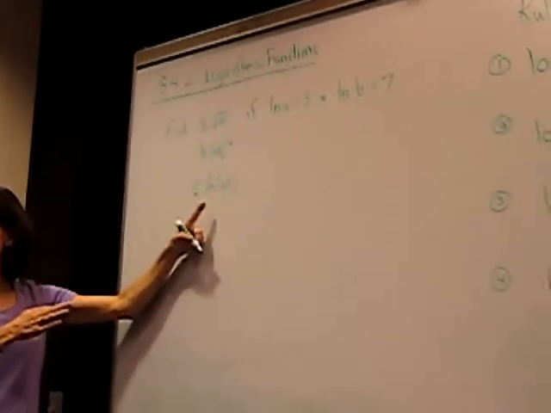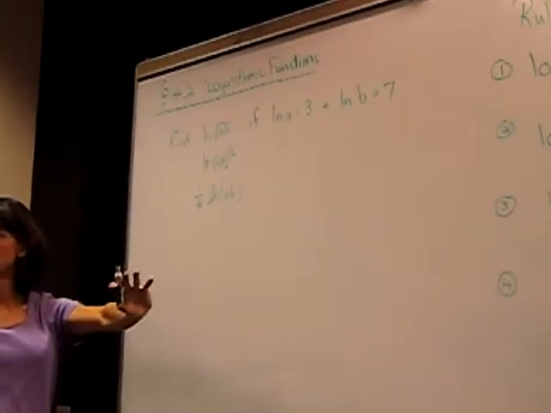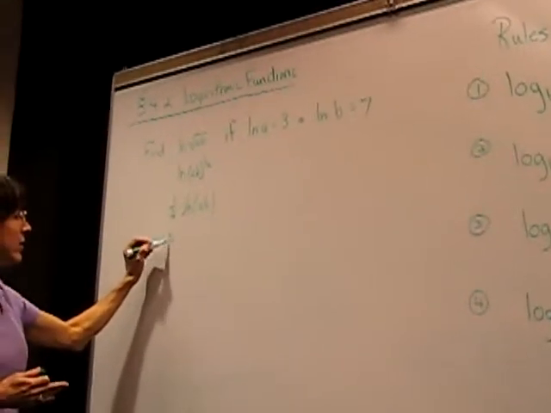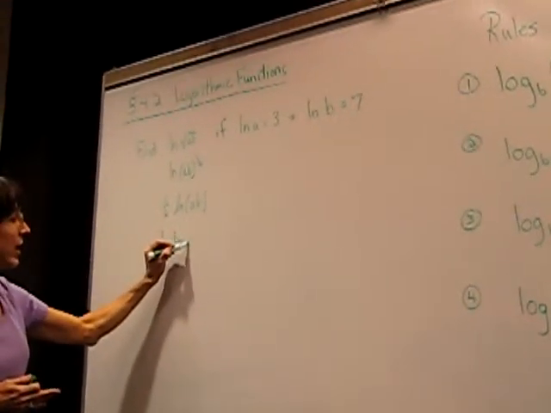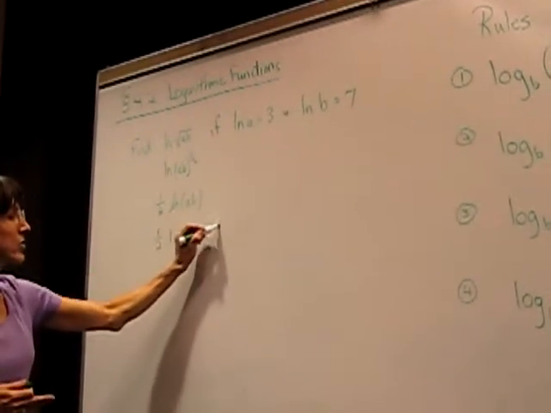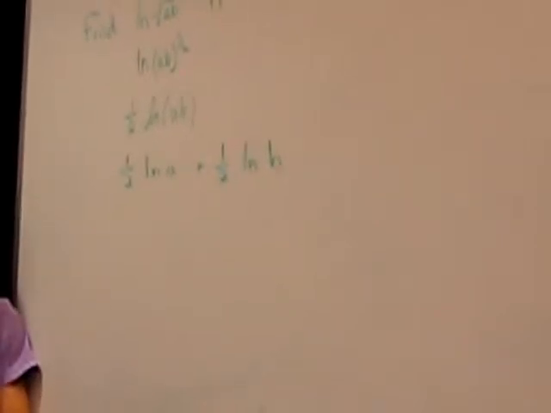What can you do with stuff that's multiplied? Separate it into 2 log pieces. 1/2 ln of A plus 1/2 ln of B. Now, I can use that stuff.